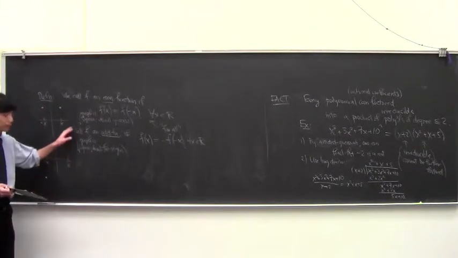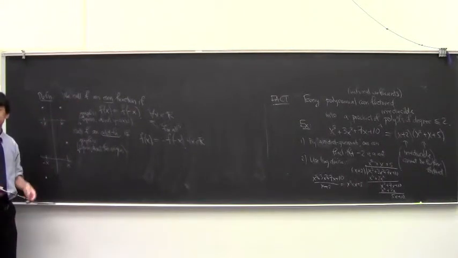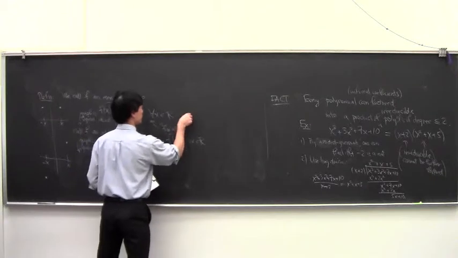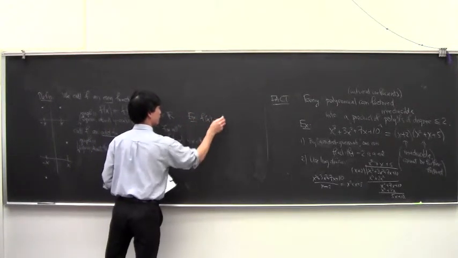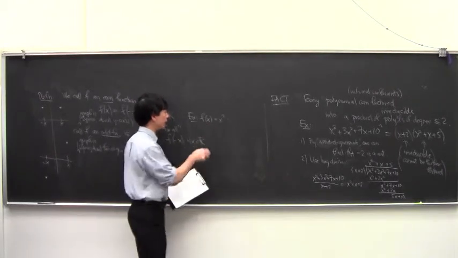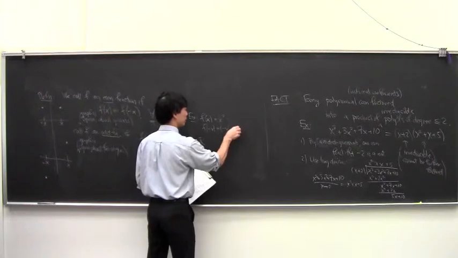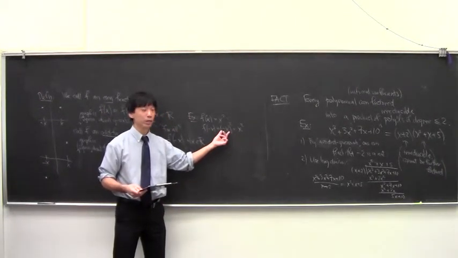Okay. Can anyone give me an example of an even function? X squared will do, right? Whenever I take f of x and f of negative x, I get the same thing. F of negative x will be negative x quantity squared.